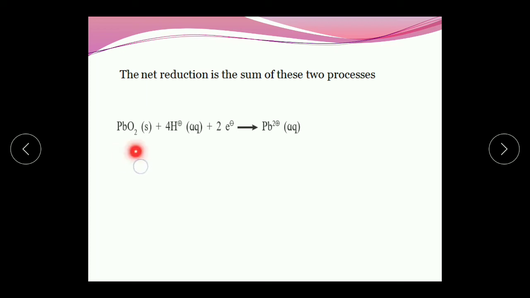The reaction is like this: PbO2 solid, which is the cathode, and the H plus ions from the H2SO4, that is the electrolyte, accept those electrons and form Pb plus 2 plus twice H2O, a liquid.